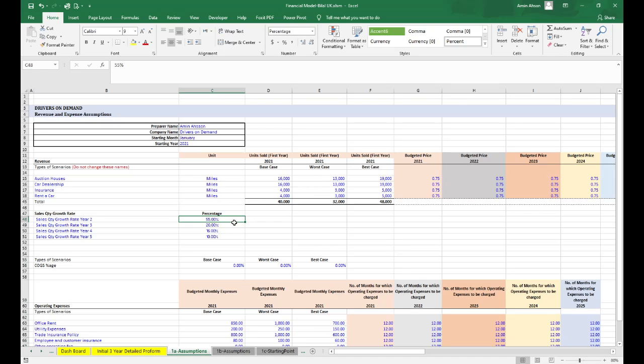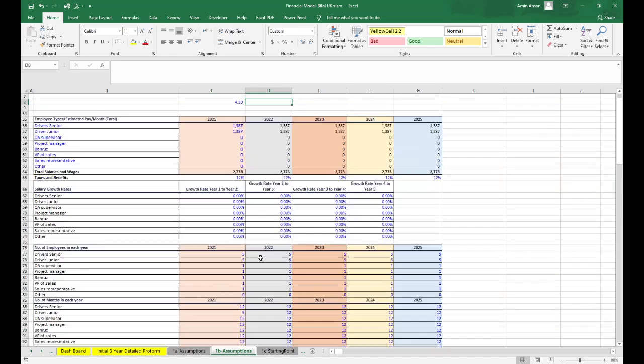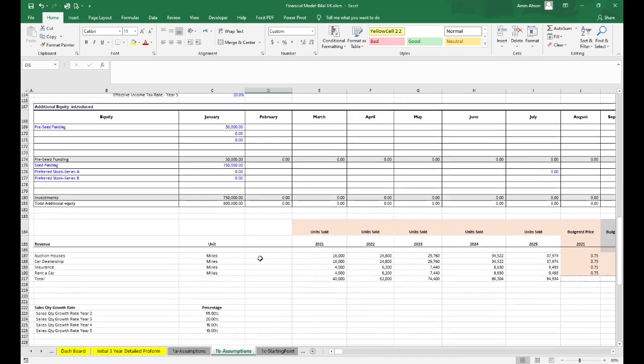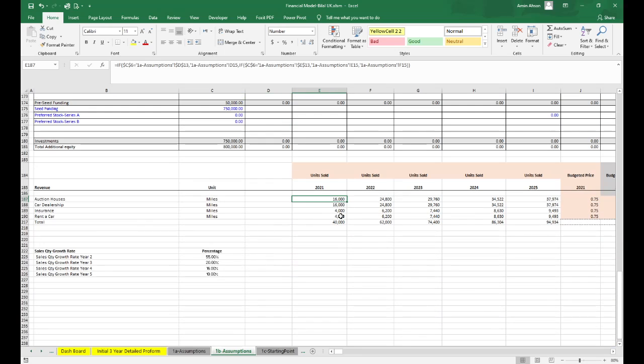If you want to check how many miles you are going to sell in the second year, third year, fourth year and fifth year, you go here in assumptions sheet B, come down, and you can see that the first year 16,000, 40,000 miles, the second year 62,000, the third year 74,400, the fourth year 86,304, and in the fifth year 94,934 miles you are allowed to sell.